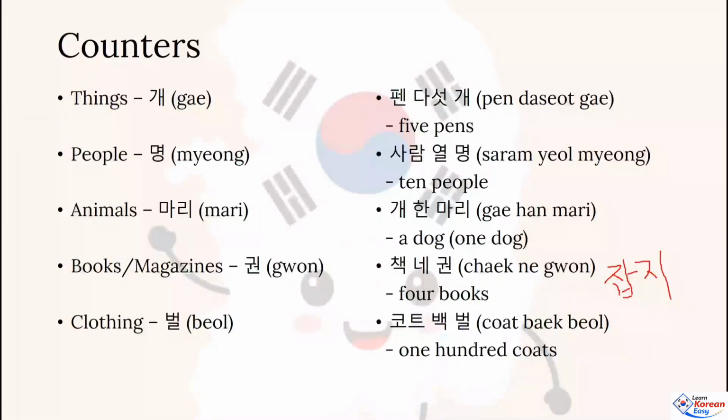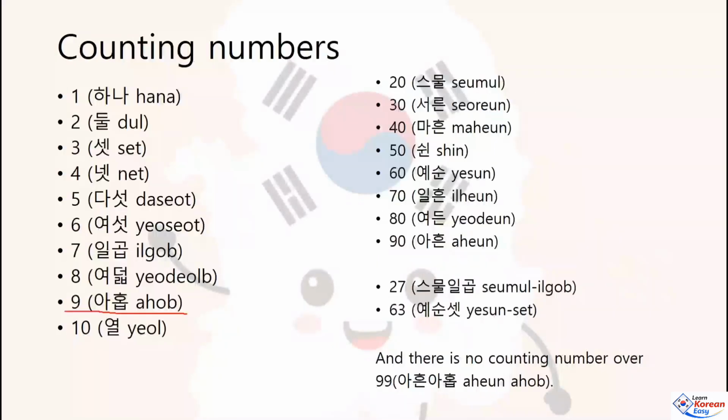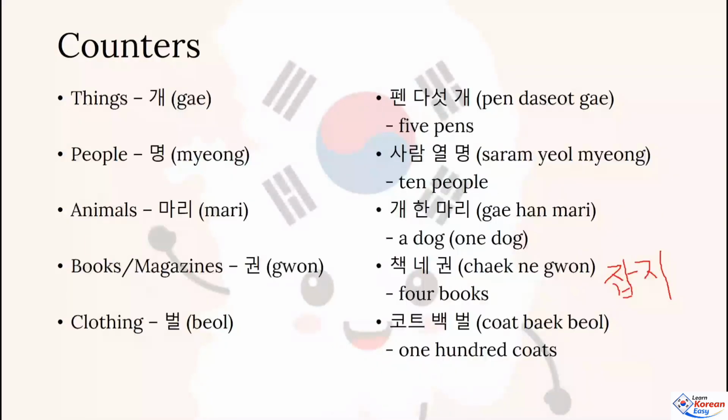So just go 1, 2, 3, 4, 5, 6, 7, 8, 9, 10, 11, 12. So 12권, 잡지 12권. That's 12 magazines. Well, the counting number version is 12권, but it's okay. That's fine too.